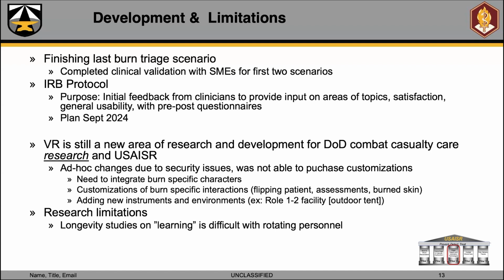We started off small, and then what else can we expand on? Like what are the top needs, like burn fluid resuscitation or an escharotomy, looking at general usability. And we have a very limited pre and post questionnaire just to gauge in general what knowledge they have, go through the VR sim, and then see what knowledge they gained.